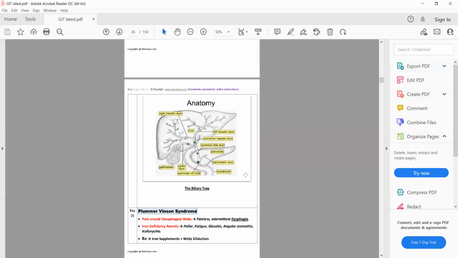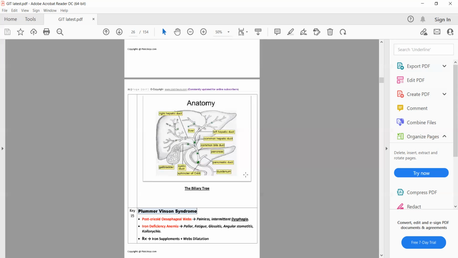And someone, if a middle-aged female who is obese presents to you with right upper quadrant pain, fever, nausea, vomiting, then it is cholecystitis. Cholecystitis can cause jaundice, but it is not marked jaundice.